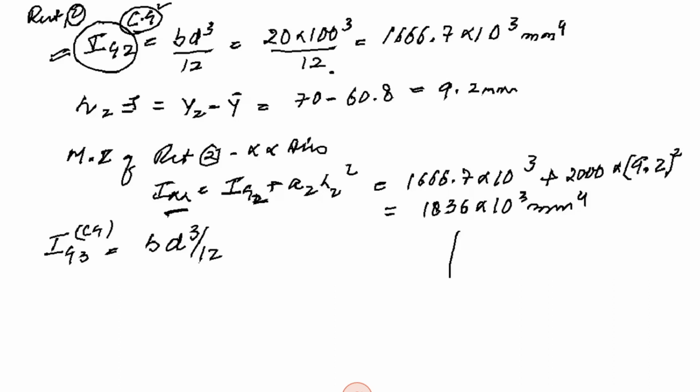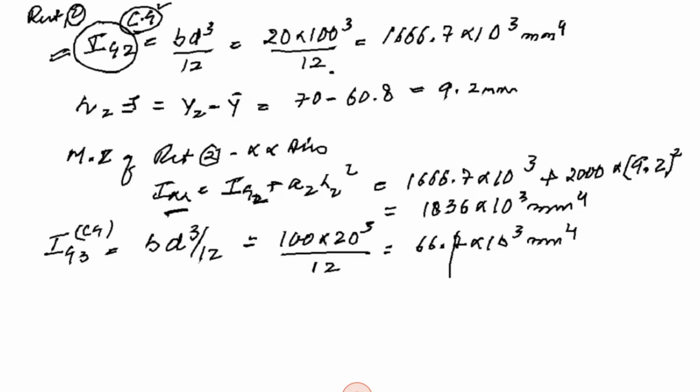That is why the distance is getting added. Here Ig3 is BD cube by 12, where B is 100 and D is the depth 20, so that comes out to be 66.7 into 10 raised to the power of 3 mm4.